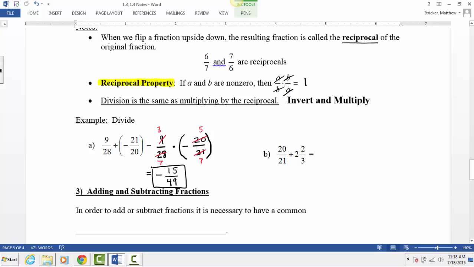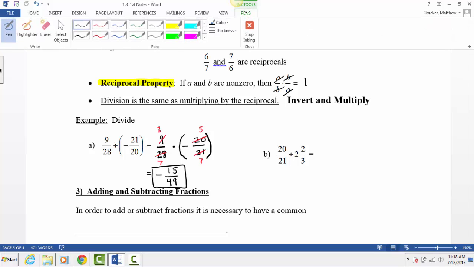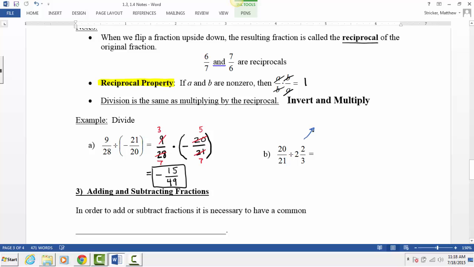Again, we have another one here, but notice our second number is a mixed number. So what do we want to do with that? Just like we did before, we want to go ahead and turn this into an improper fraction. So we take 2 times 3 is 6. We add 2 to 6, we get 8 over 3.